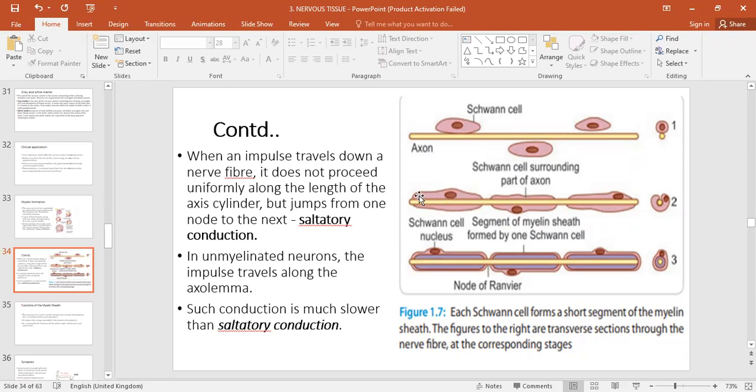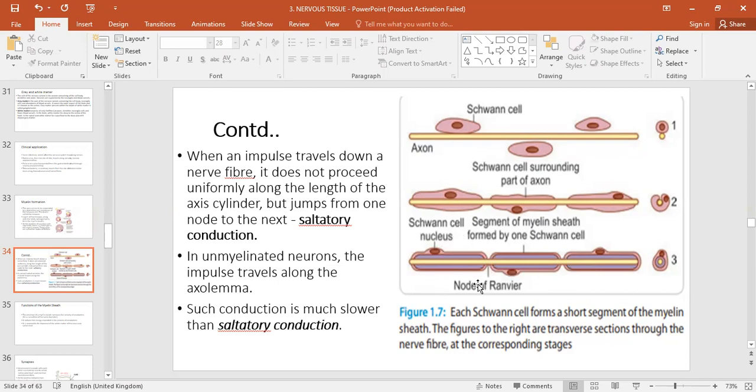Since these cells store fat in their cytoplasm, and fat is a bad conductor of electricity, the myelinated portions become insulated and can't participate in transmission of impulses, leaving only these nodes as the areas of the axon which will participate in transmission of impulses.